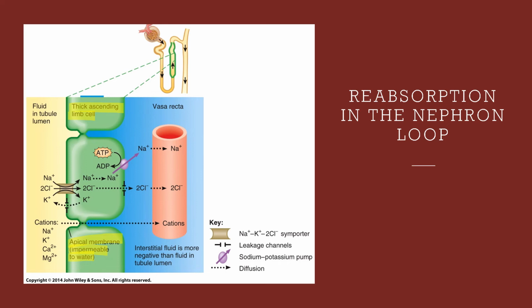And we can see these, actually I'll just highlight this here, these sodium, potassium, chloride symporters. We can see it here. Now these transporters will simultaneously reclaim 1 sodium, 1 potassium, and 2 chloride from the fluid in the tubule lumen.